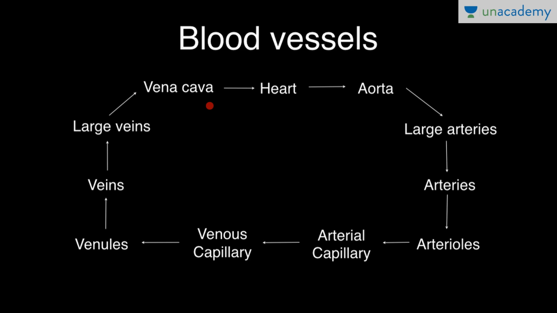One is the superior vena cava, and the second is the inferior vena cava, which enters the right atrium of the heart, and the aorta arises from the left ventricle. Now the left ventricle pumps blood into the aorta, and the right atrium receives blood from the vena cava. So this is the network of the blood vessels present in our body.